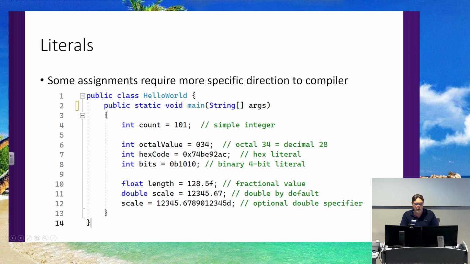So it's going to use 8 bytes to represent scale. Or if you want to be explicit about it, you can also end it with a D, which will allow you to add more digits. If you try to add this many digits and end it with an F, obviously the compiler's going to complain at you because it says, no, that's too many digits for a float. So just use the D.